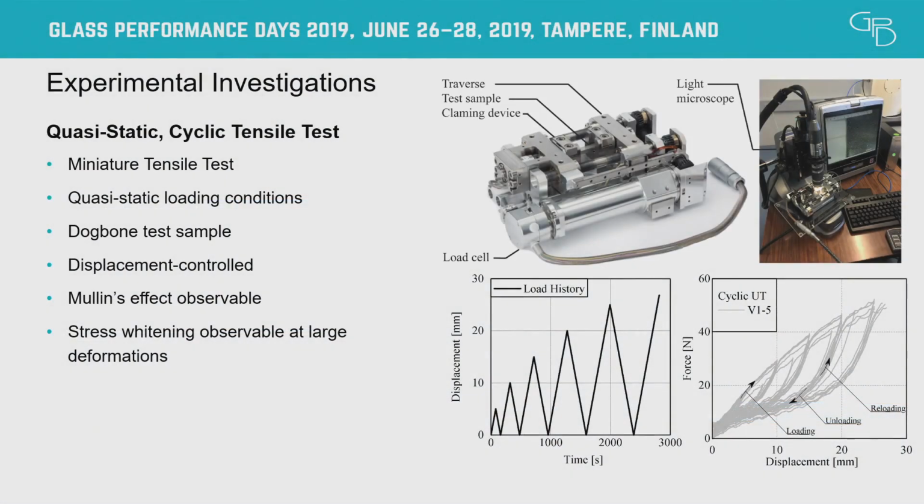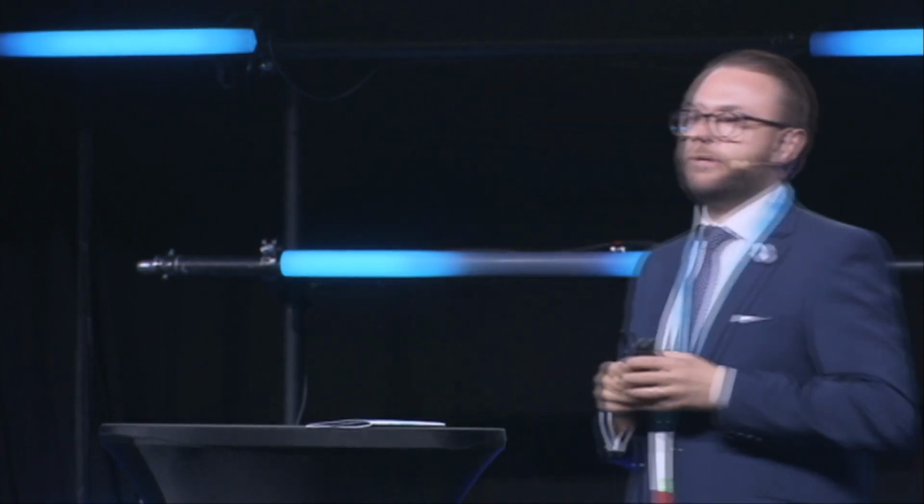We did some tests on the cyclic loading of a dog bone test. So this is really, let's say, we are familiar with this effect. So we have this cyclic loading of the TSSA. We have the virgin loading curve. If we unload the material, we have a stress softening. And if we have the reloading, we are at the same path of the unloading.